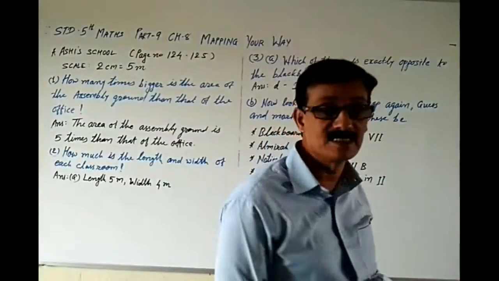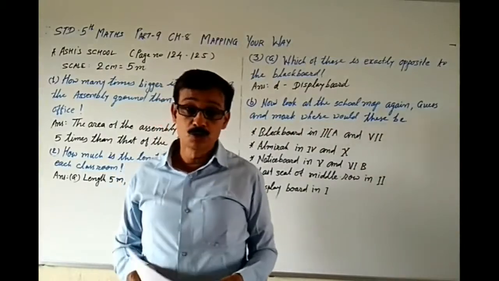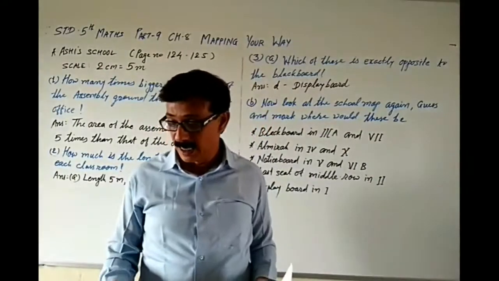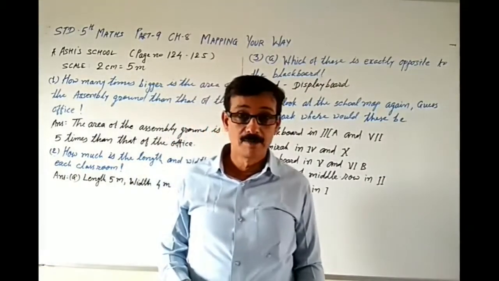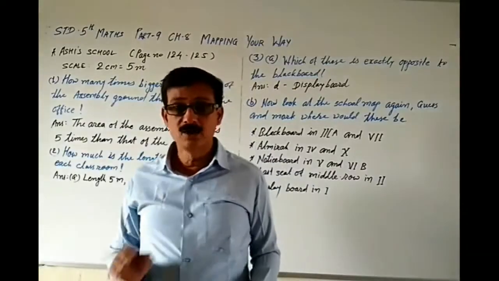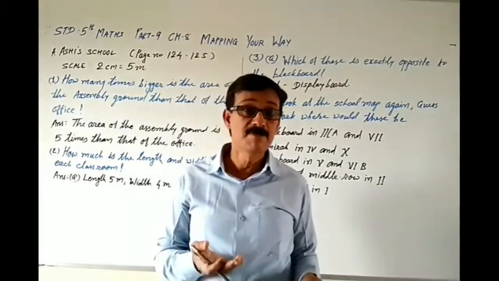So this is the exercise we discussed in Ashish's classroom. You also do it yourself and mark all these things in the map in your Math 7 book, so that you will come to know how to find things through the map.